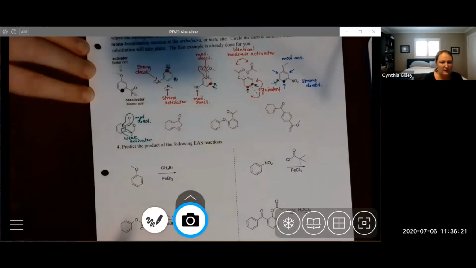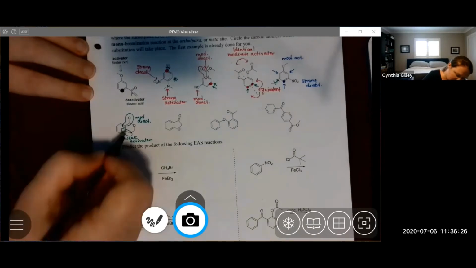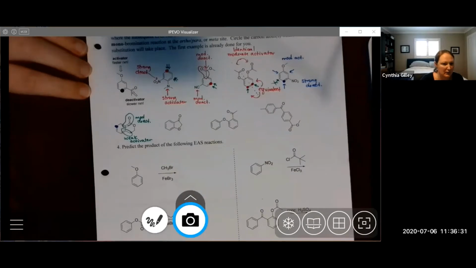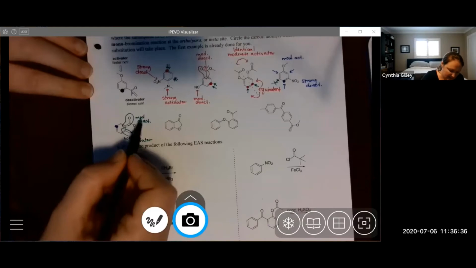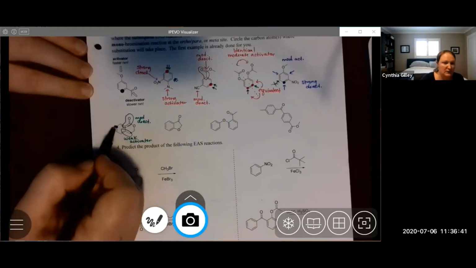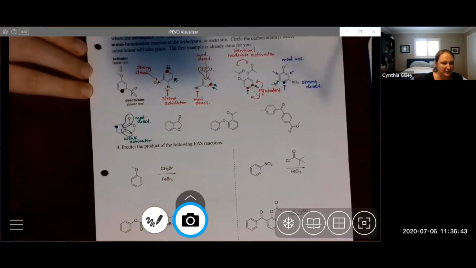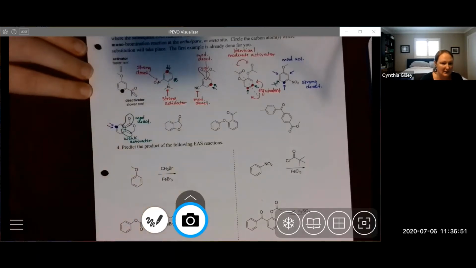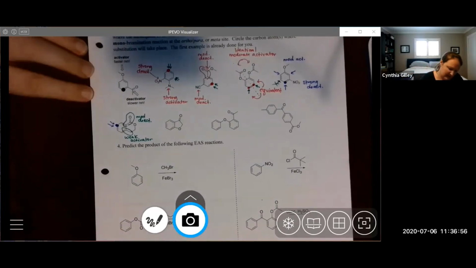So we're going to go with wherever the weak activator directs, and it will direct para to it first, unless it's blocked. And it turns out that the moderate deactivator is also directing that position because it's meta to that position as well. They both are directing to the same position. It's doubly strong at directing.